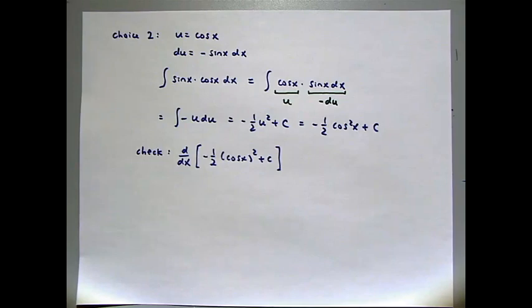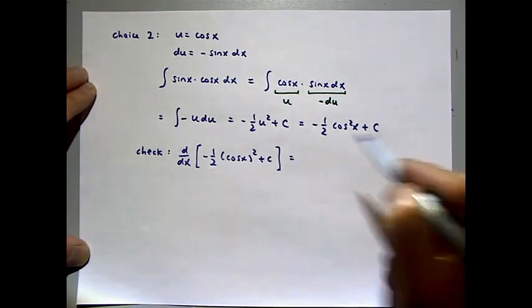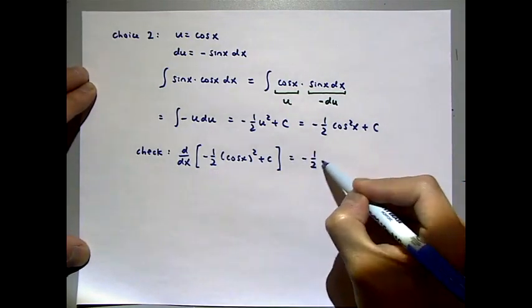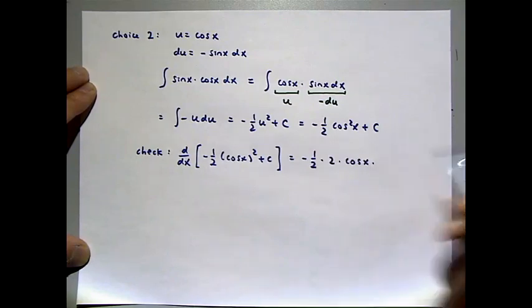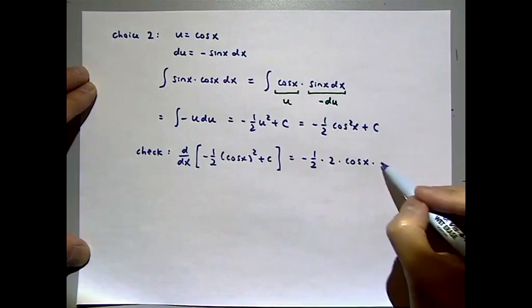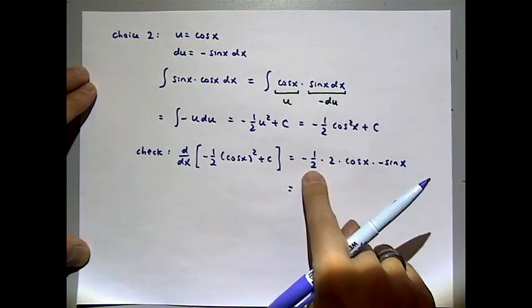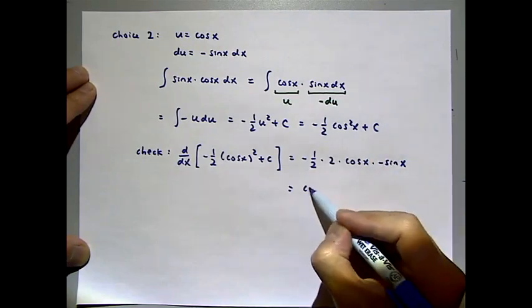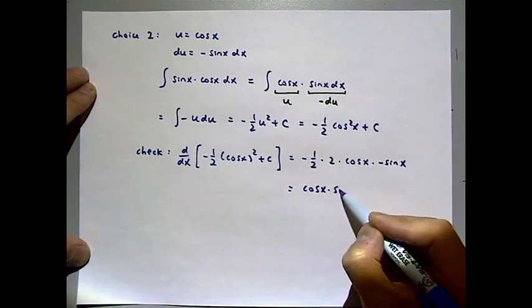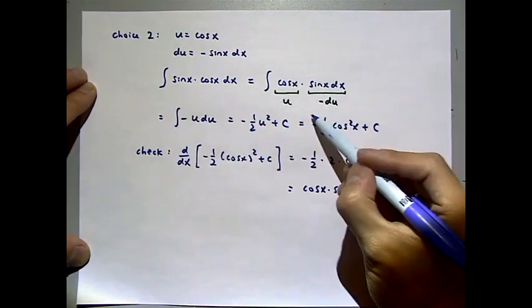With all these identities we have available, the same function can have many different appearances. So let's see. We get minus 1/2 times 2 times cosine of x. By the chain rule, we need a negative sign. And minus 1/2, 2, and minus 1 turn into just a 1. So we get cosine times sine, which also matches that. So this is also correct.